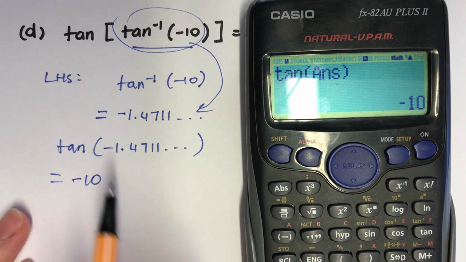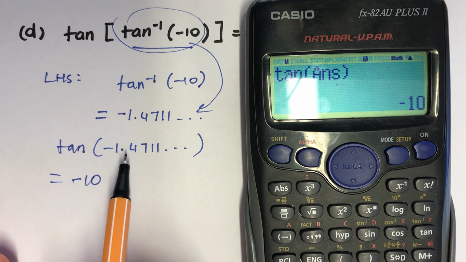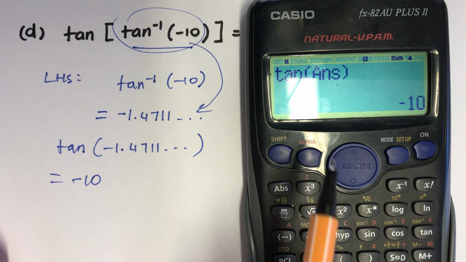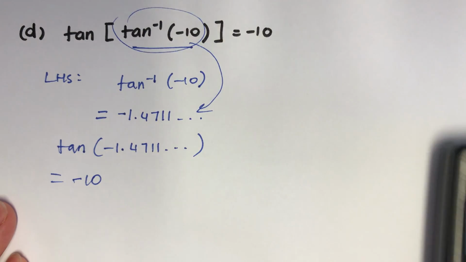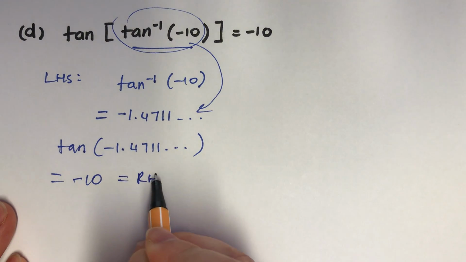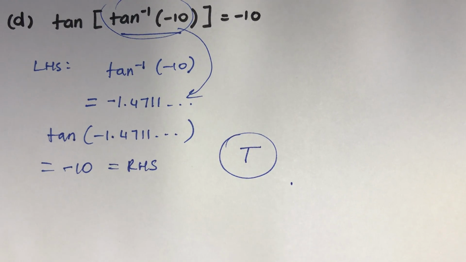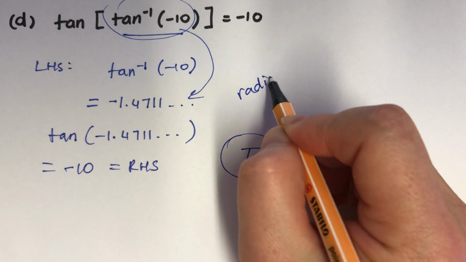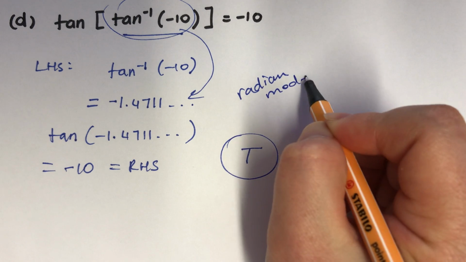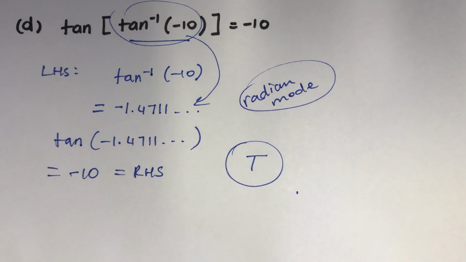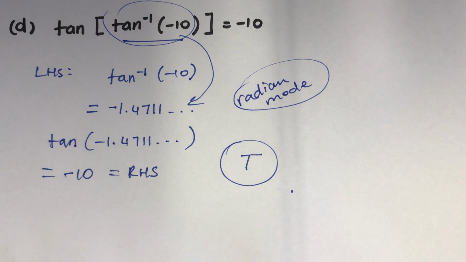Okay, so don't cut it off at 1.47, just put the whole thing together, which is same as right hand side, and therefore it's true. Excellent. So remember, put it in radian mode. So make sure you watch this more than once and understand how to prove and how to use inverse function, trig function range. Okay, well done.